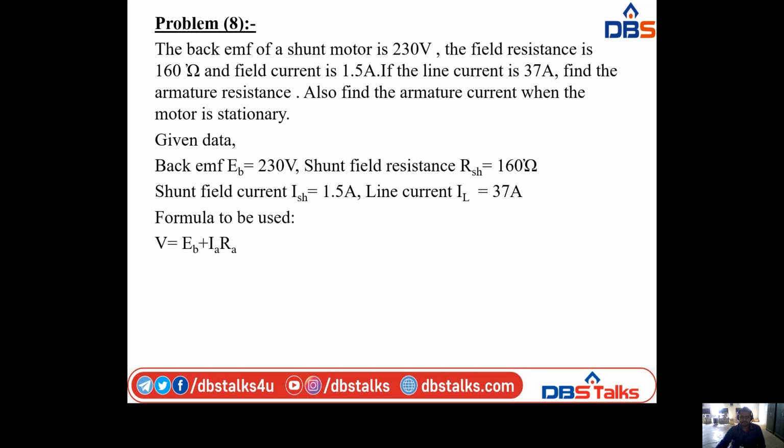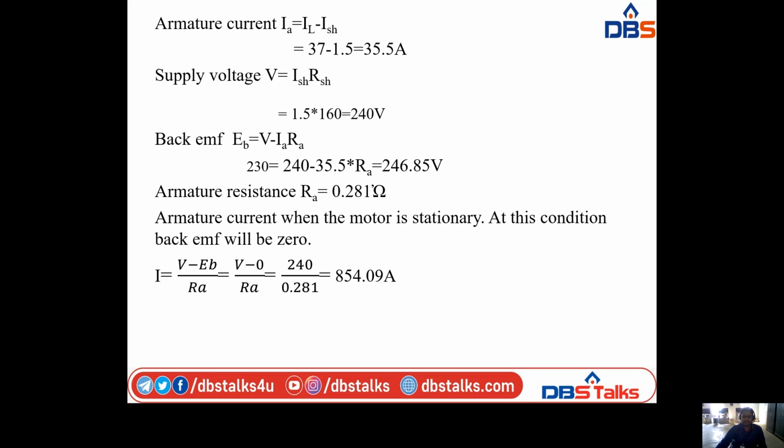So 230 is equal to supply voltage, that is 240 minus 35.5 into RA. So totally we have armature resistance value 0.281 ohms.